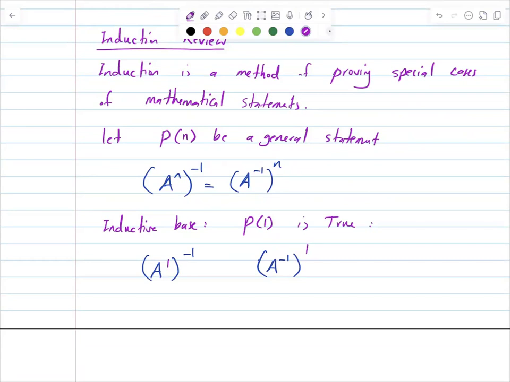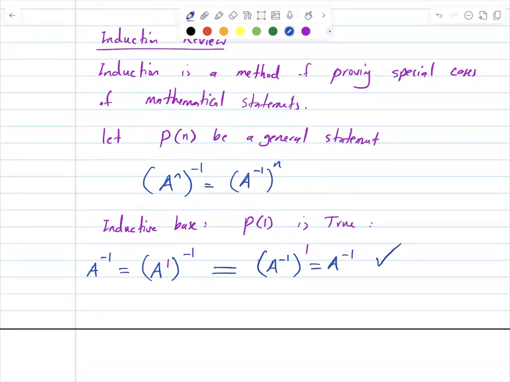But is this true? Yes, of course. When you have power 1, it's the same as your matrix itself, right? Here you have the inverse of the matrix. On the other side, you also have the inverse of the matrix. Left-hand side and right-hand side are equal to each other. So this is your very base case.